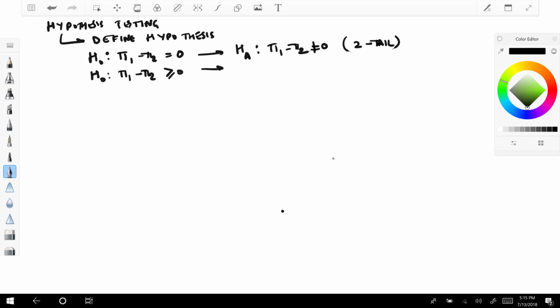Our alternative would be pi 1 minus pi 2 less than 0, and then our null hypothesis in the third case is pi 1 minus pi 2 less than or equal to 0, and the alternative would be pi 1 minus pi 2 greater than 0.